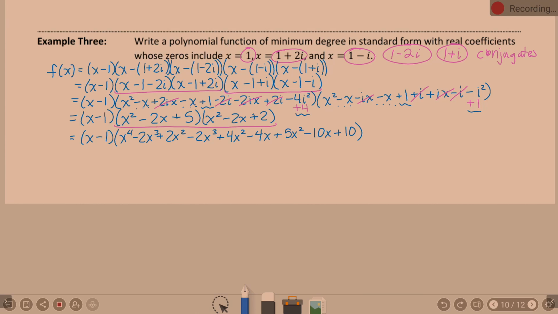Do not distribute yet. Clean up. Don't ever distribute till you've done a cleanup step, because you're just making that much more work for yourself. So my x minus 1, I carried down again. X to the fourth.